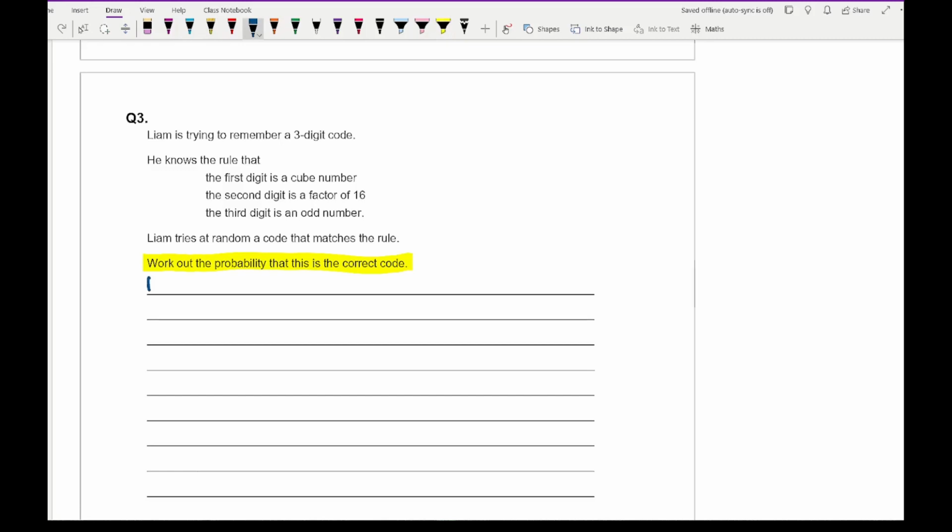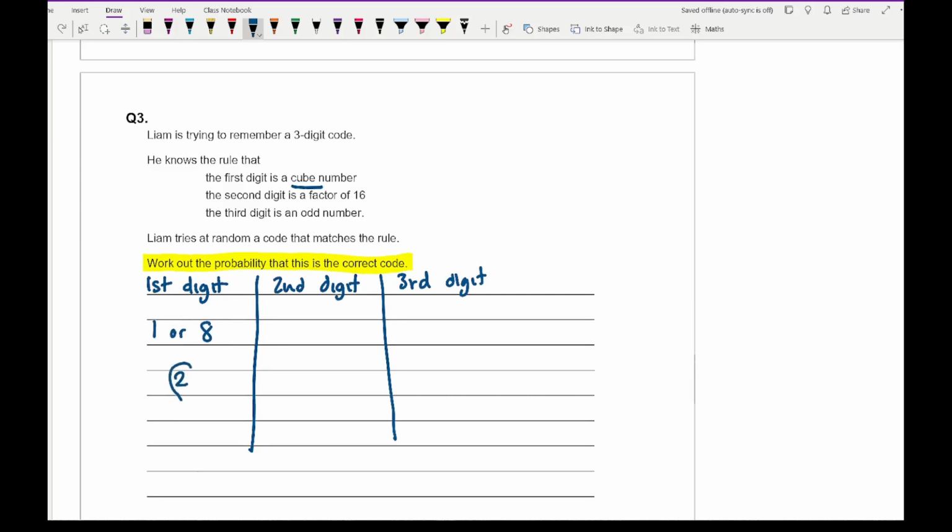So here, if I split this up, we've got the first digit, the second digit, and the third digit. Looking at cube numbers that are single digit, that's basically going to be 1 or 8, because 3 cubed is 27, that's not single.